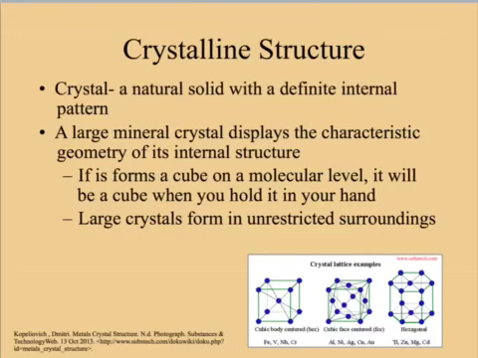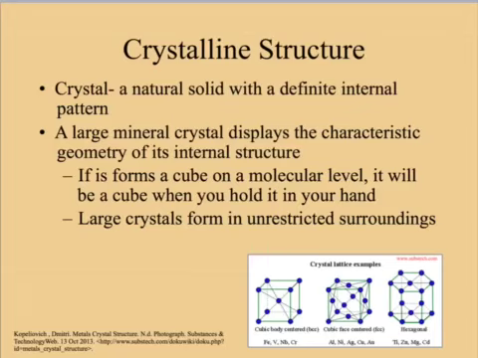We're going to move on from mineral groups and talk about crystalline structure. A crystal is a natural solid with a definite internal pattern, which means all of the atoms are arranged in a very specific way. If a set of atoms are arranged in a cube, typically the crystal will be in the shape of a cube.